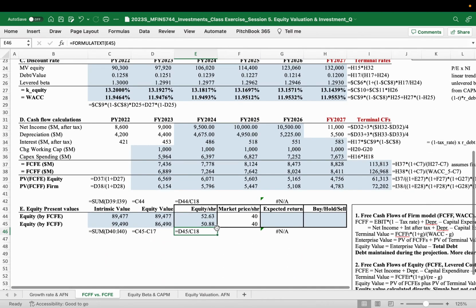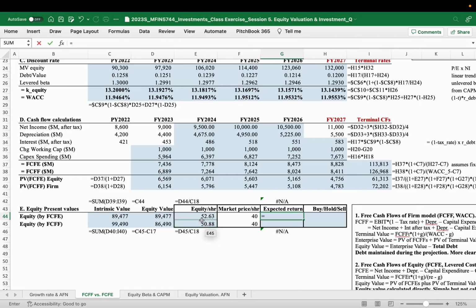Now we have the equity per share, and if the market price at the current time is 40, right? Then what is this? So how do we calculate it? So we found, oh, it has the potential, around 30%, under both equity valuation methods.